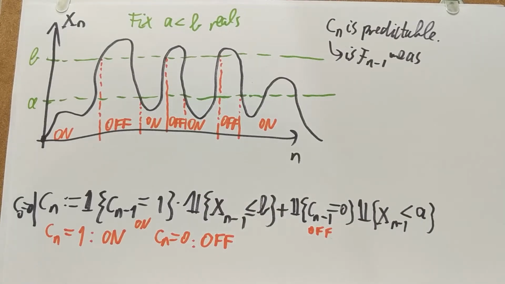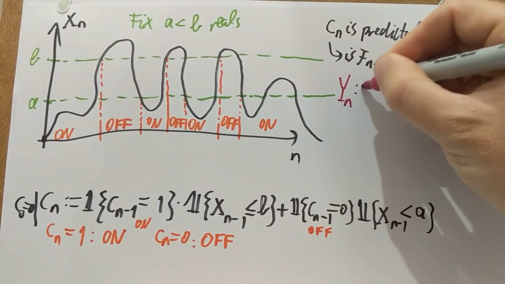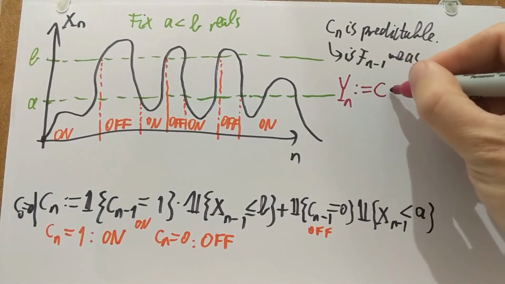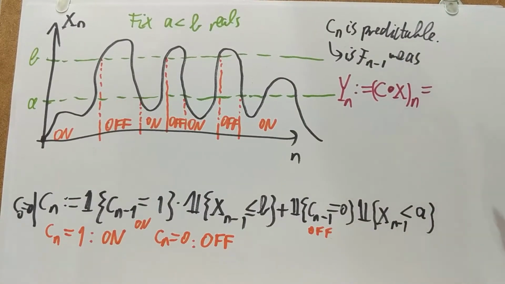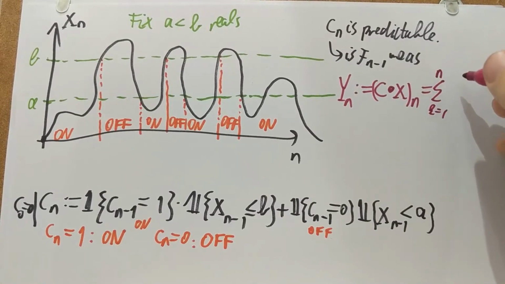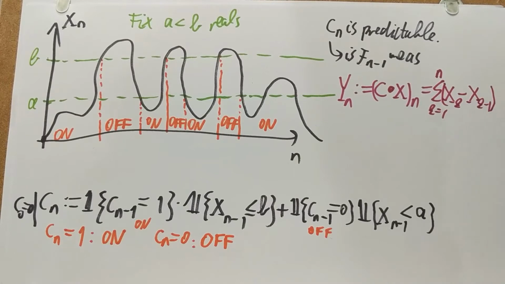And the second thing I want to do is define Yn. Let's use a different color for this. I want to define Yn as the Martingale transform of the process X with this predictable C. So the notation we had for that was C bullet X, and it was defined as the sum from 1 to n of xk minus xk minus 1, times ck.